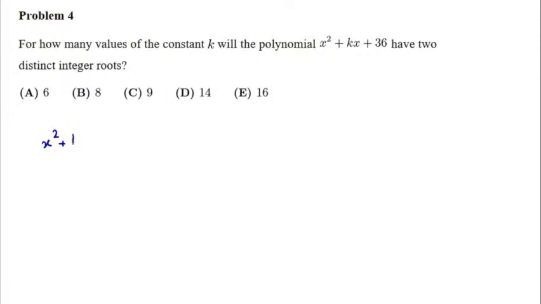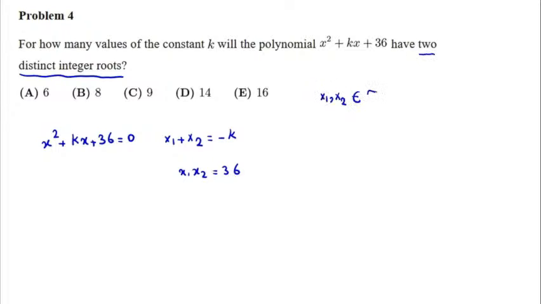I told you the things we need here. For this one, x squared plus kx plus 36 equals 0. If you consider the roots are x1, x2, x1 plus x2 will be negative k, and x1 times x2 will be 36. The problem says two distinct integer roots, meaning x1 and x2 are integers and x1 is not equal to x2.